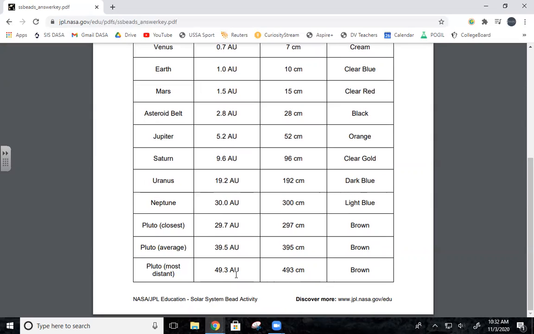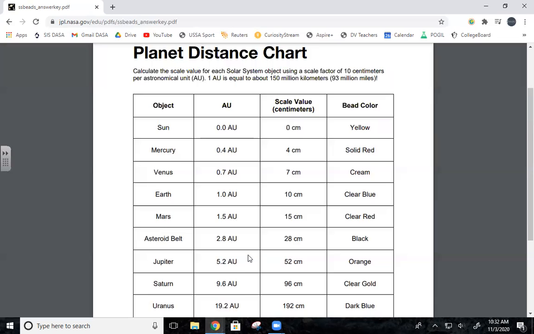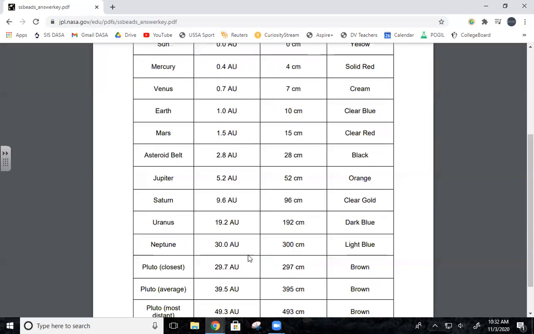Remember that at this scale, the closest star to us is 10 kilometers away, 1 million astronomical units. All right? So we start to use a different measurement.